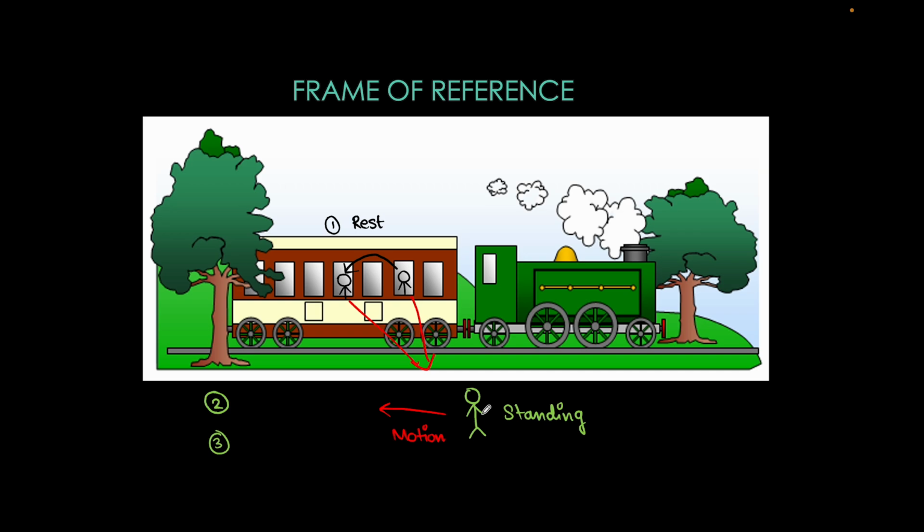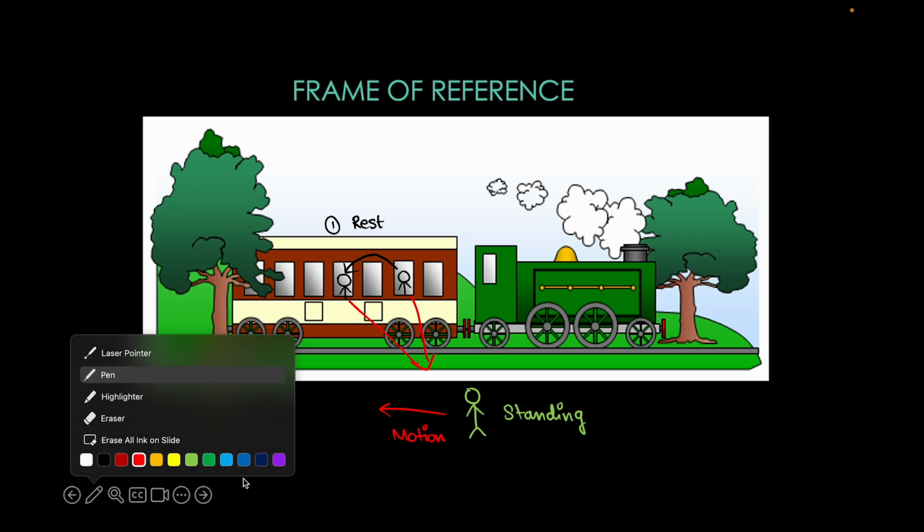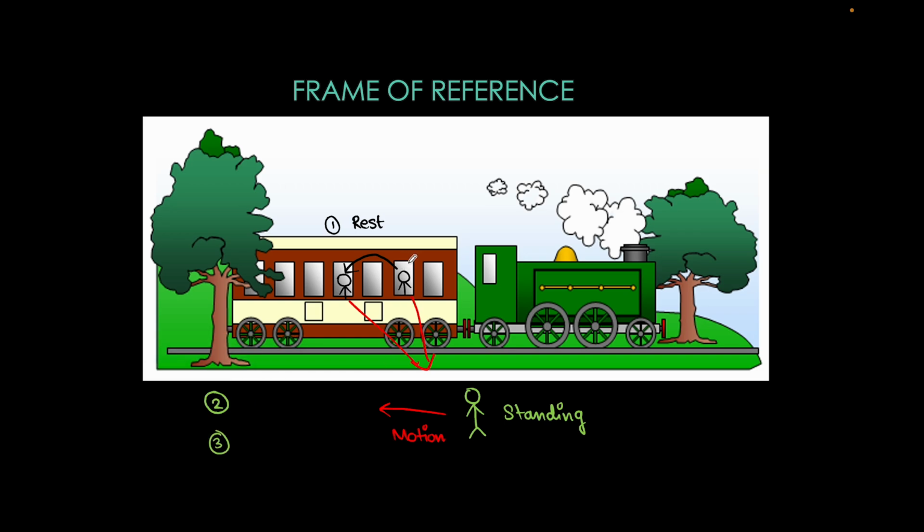So to classify if an object is at rest or in motion, we need to first set a reference point, a point with which we can compare things. And this reference point is considered to be at rest. Okay. So let's say in the first case, you are the reference point.